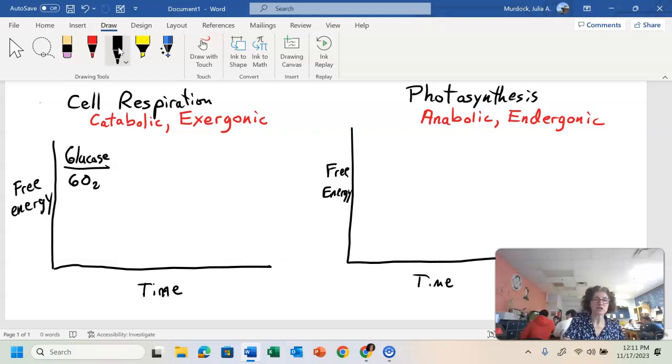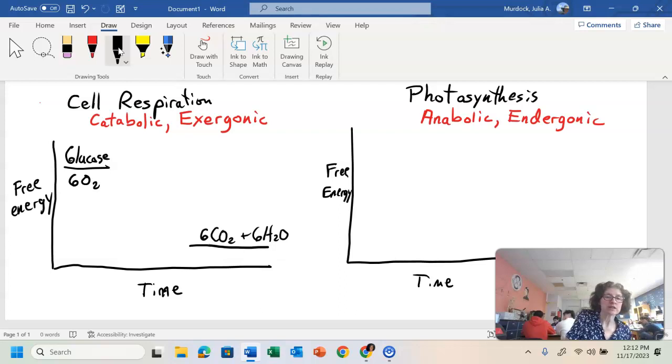And then the products are going to be way down here. The 6 carbon dioxide molecules and the 6 waters have less stored energy in them than the reactant molecules we started with. Then what we do is we draw a curve in between, a curve that includes the activation energy.